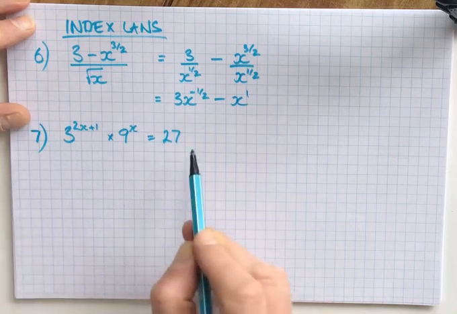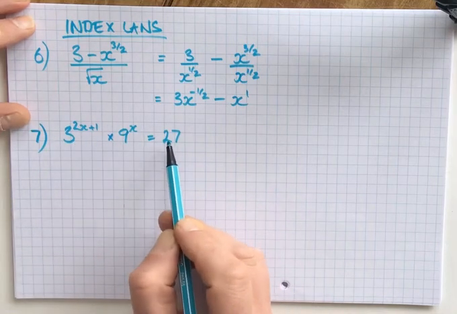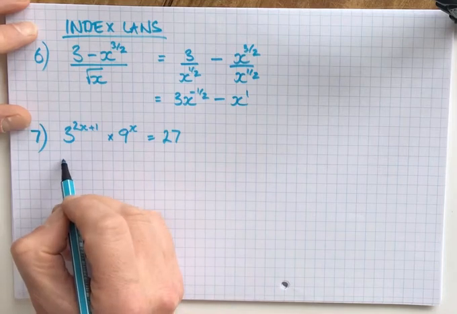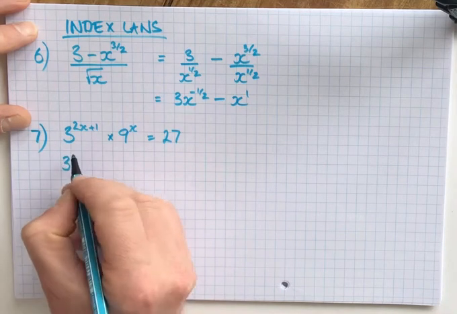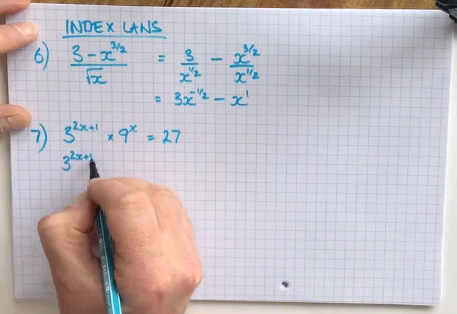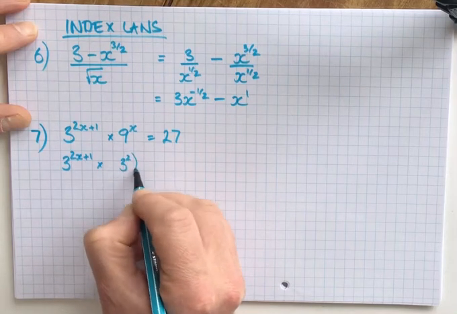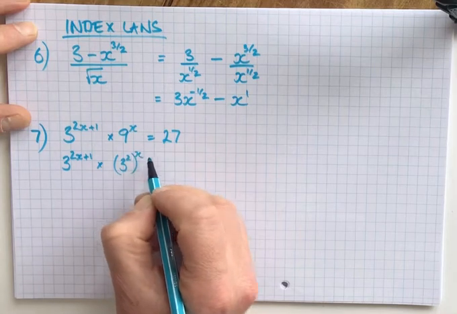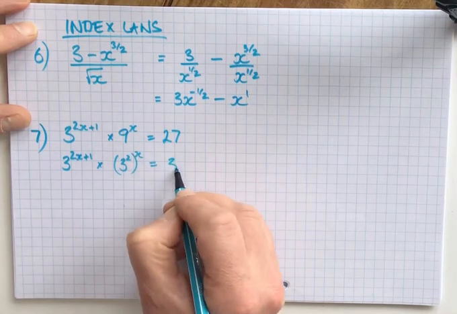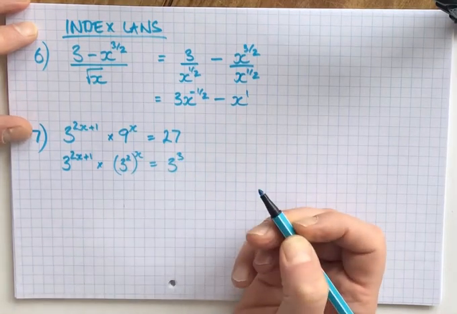So I can rewrite this whole equation all in terms of powers of 3. This one stays the same. 9 is 3 squared to the x, and 27 is 3 cubed.